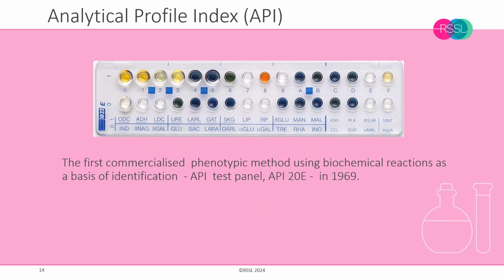And there are alternatives now. So there's a BBL Crystal and also a kit from Remel that does a similar thing. The limitation with these is that it's based on color changes or degrees of turbidity. One of the API kits in particular, the 50 CHB kit, is looking for variations of yellow and orange.